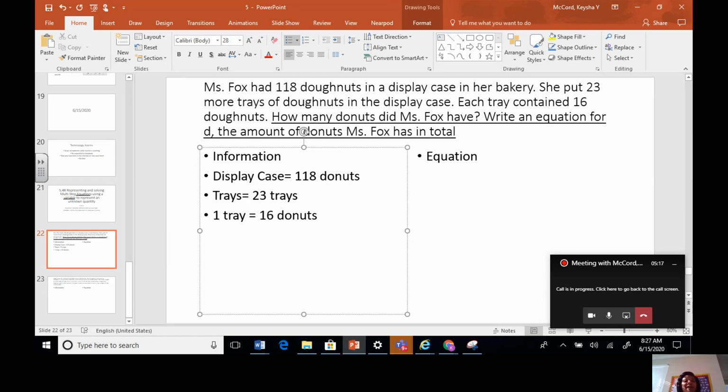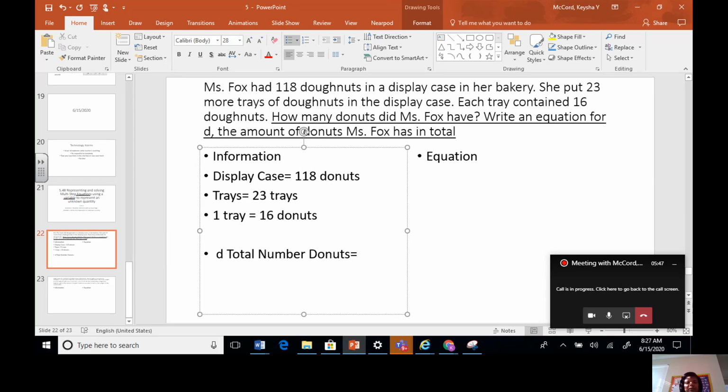You can do that. Again, it takes a lot of work on the computer. I'm just going to type it out. So one tray is 16 and she has 23. I need to find out the total number of donuts. So looking at my information, I need to figure out how many donuts she has to get to D. Total number of donuts is represented by the variable D, uppercase, not lowercase.